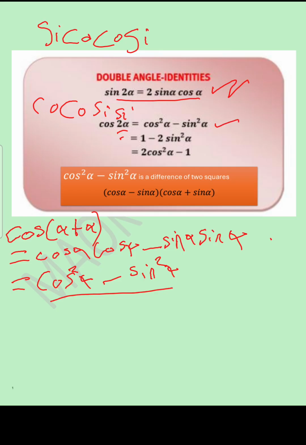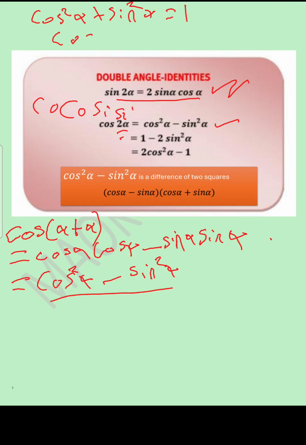The second identity, you find it by saying, remember, we know this square identity. We know that cos squared alpha plus sine squared alpha is the same as 1.